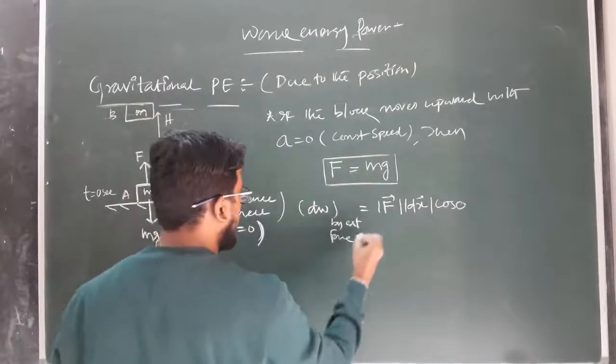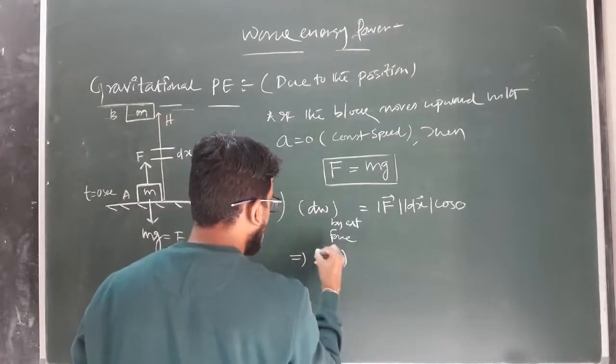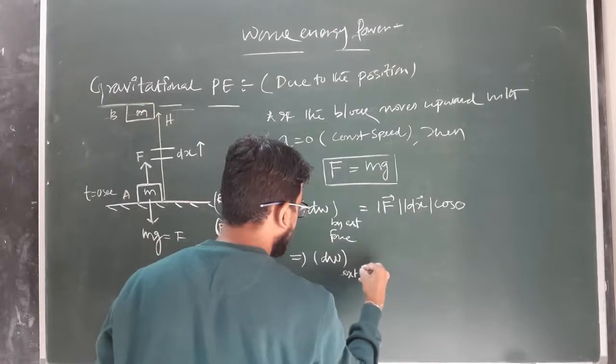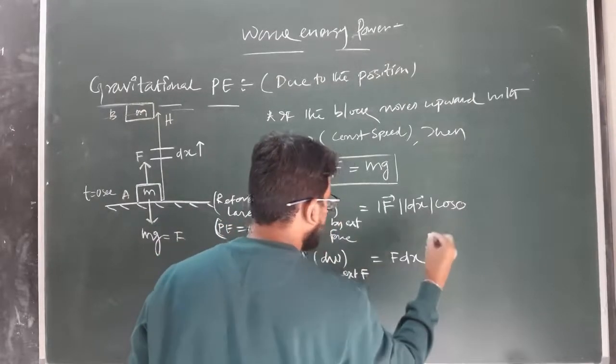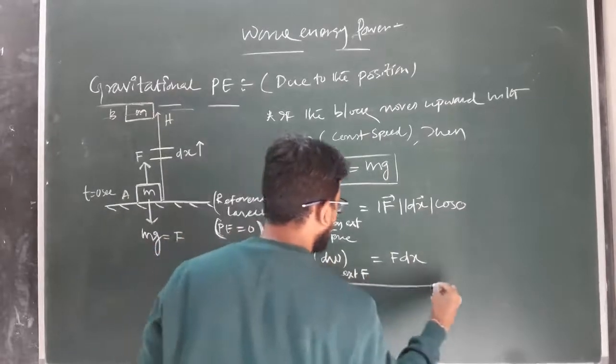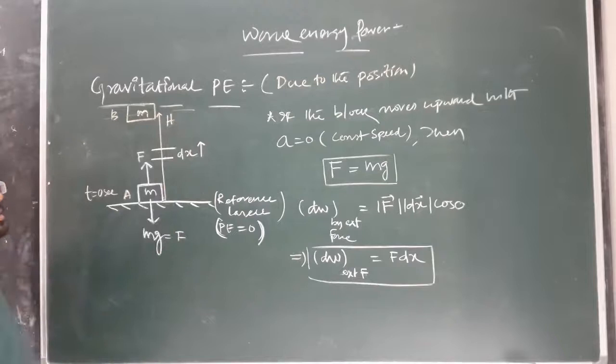So the amount of work done dW by the external force is equal to F dx, cos 0 is 1. Clear? So this is the amount of work done by displacing the block by a very small displacement dx by the applied force F.